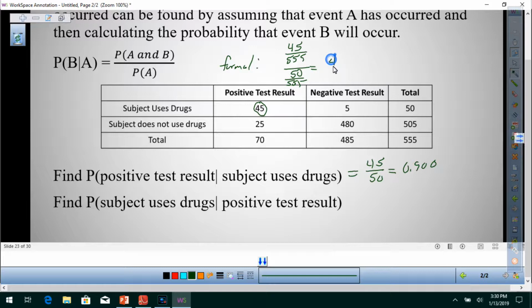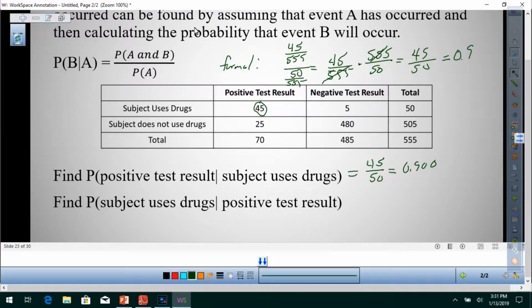So that equals 45 over 555 times 555 divided by 50, invert and multiply. So these cancel out, and you still end up with 45 over 50, which is 0.9. Okay, so the intuitive approach here, and up here the formal.